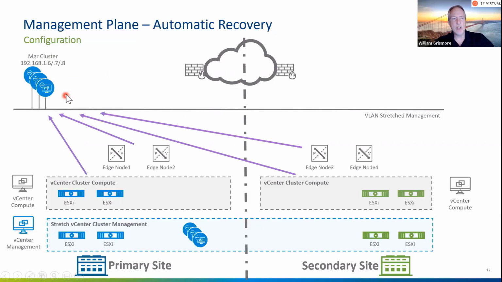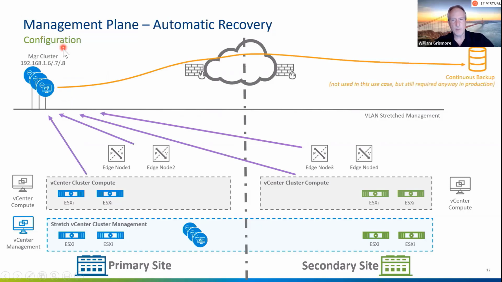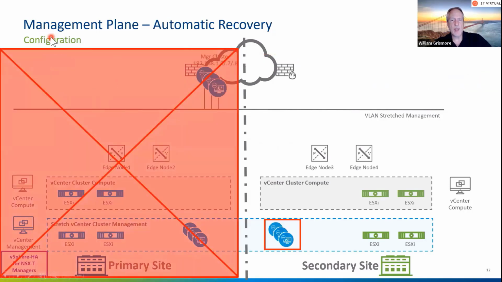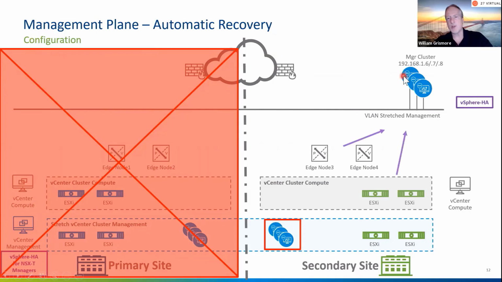So if there's an outage at one site, we can fail it over to the other site. We always still make sure it's backed up no matter what. If we lose this primary site, again, it's a stretched cluster, stretched storage. We can bring that management plane up at the other site and keep things going.